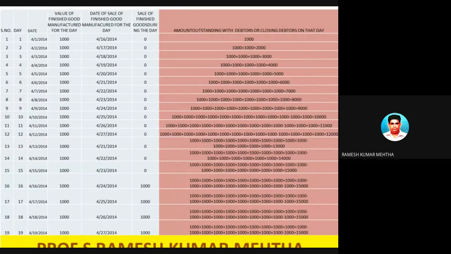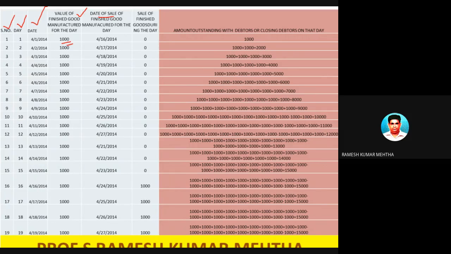So we have 7 columns: serial number, days, day one, day two, up to 360 days. The first day of the financial year is the third column. Value of finished goods manufactured for the day, means we have every day how much of the finished goods are manufactured.